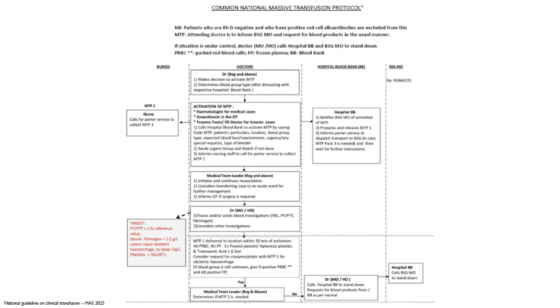The first line of MTP will comprise 4 units of packed red blood cells, 4 units of frozen plasma, 1 unit of pooled or apheresis platelets, and tranexamic acid. The second line of the massive transfusion protocol would include 4 units of packed red blood cells, 4 units of frozen plasma, 1 unit of pooled or apheresis platelets, together with 10 units of cryoprecipitate.